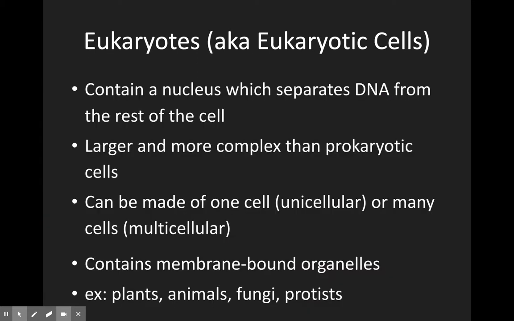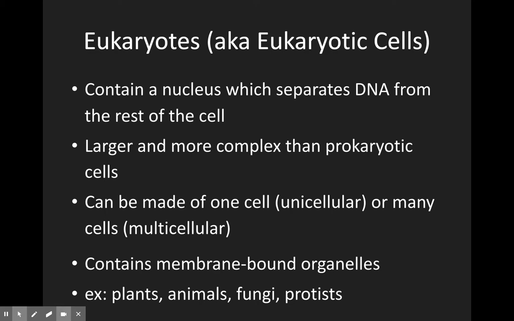So now eukaryotes, which is a eukaryotic cell, they contain a nucleus which separates DNA from the rest of the cell. So with a prokaryote, right, we had the DNA just floating in the cytoplasm. There was nothing separating that from the rest of the cell. Well, in a eukaryote, the DNA is contained within the nucleus. It's larger and more complex than a prokaryotic cell. It can be made of one cell or many cells.